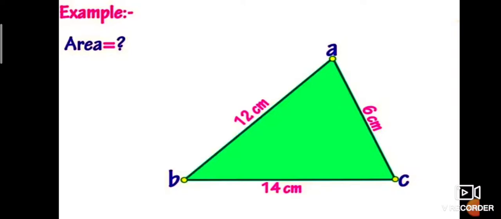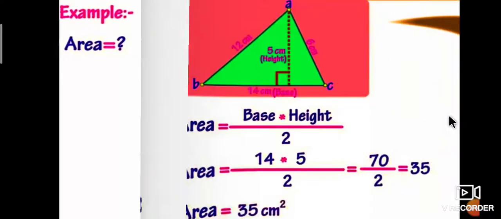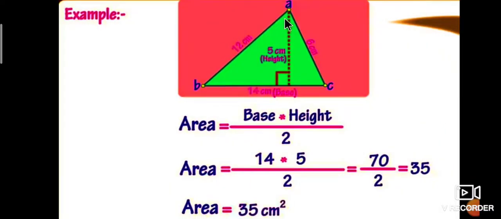But now we don't know Heron's formula. Therefore, we draw a perpendicular and find the height of the triangle by using the Pythagoras theorem.